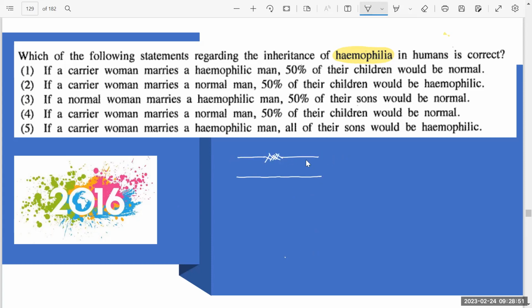This network is prepared by a protein called fibrinogen, fibrin, sorry, fibrin. So fibrin is an insoluble protein.